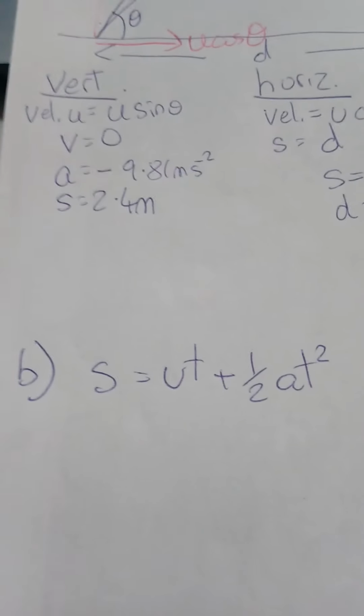To work this out, we'll need to use s equals ut plus half at squared, using the vertical information.